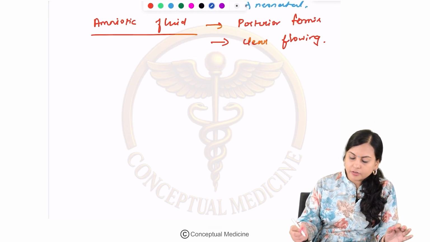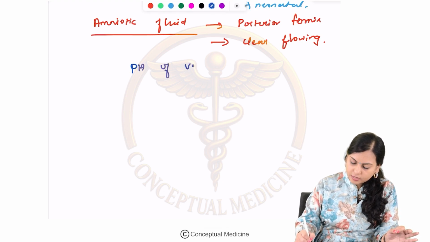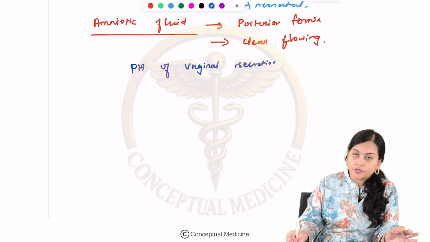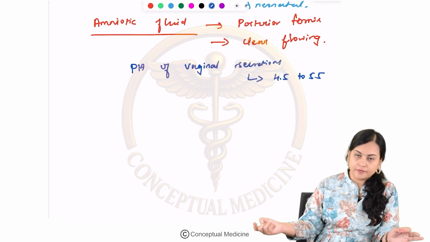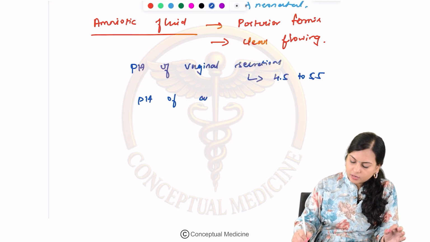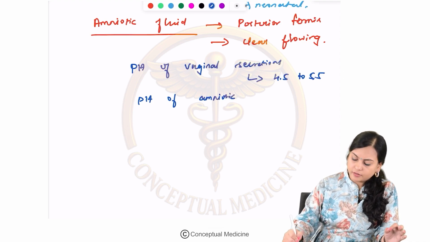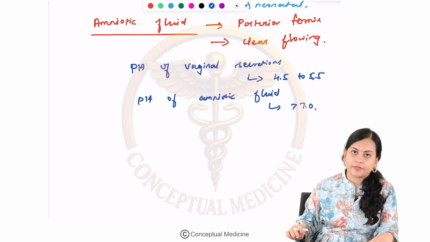Here you have to know one important point: the pH of vaginal secretions is between 4.5 and 5.5, whereas the pH of amniotic fluid is more than 7.